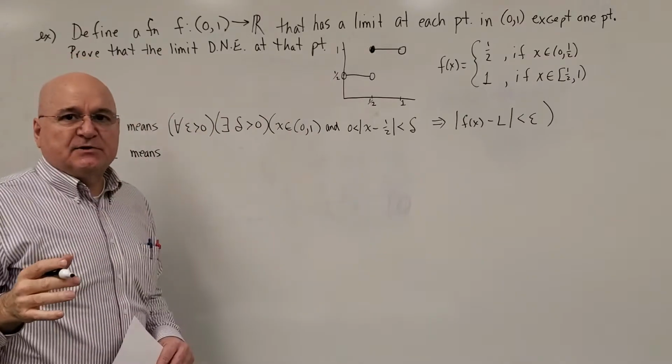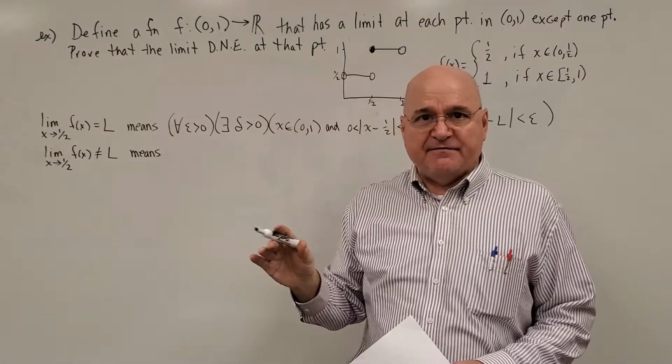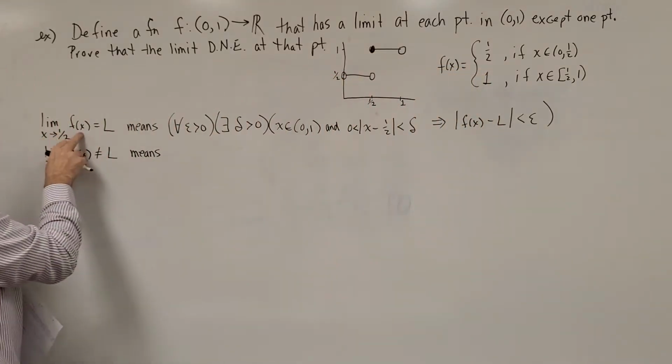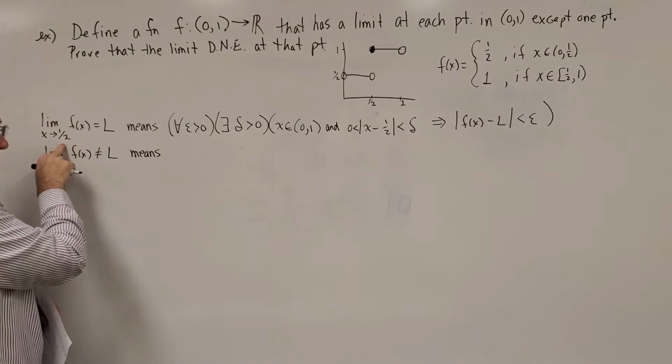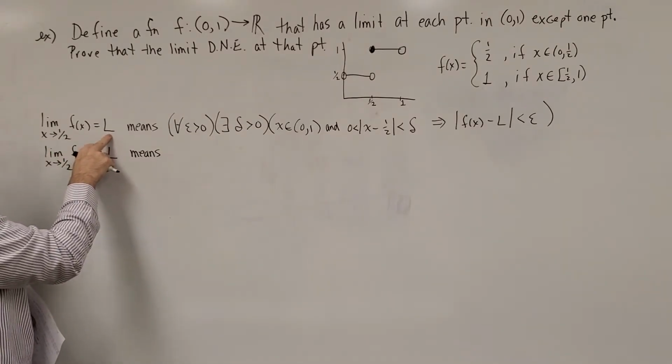So first, let's remind ourselves what the definition of the limit at 1/2 means. The limit of f of x as x approaches 1/2 is equal to the number capital L, a real number.